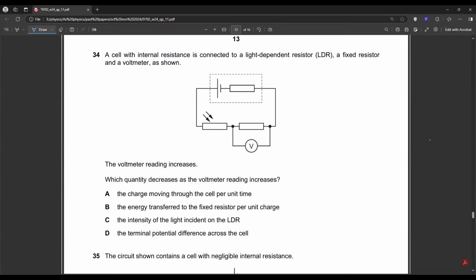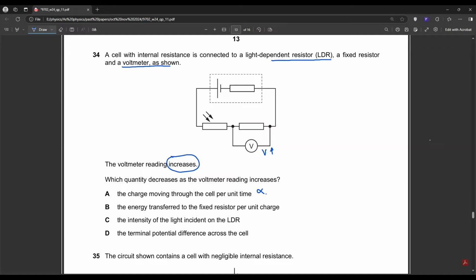Let's see this. A cell with internal resistance is connected to a light dependent resistor, a fixed resistor and a voltmeter as shown. The reading on the voltmeter increases. Which quantity decreases as the voltmeter reading increases? The charge moving through the cell per unit time?